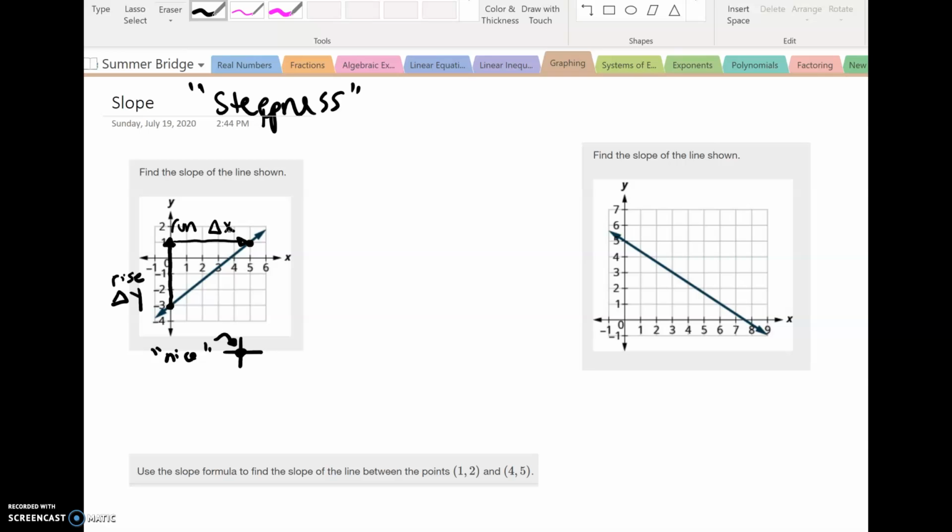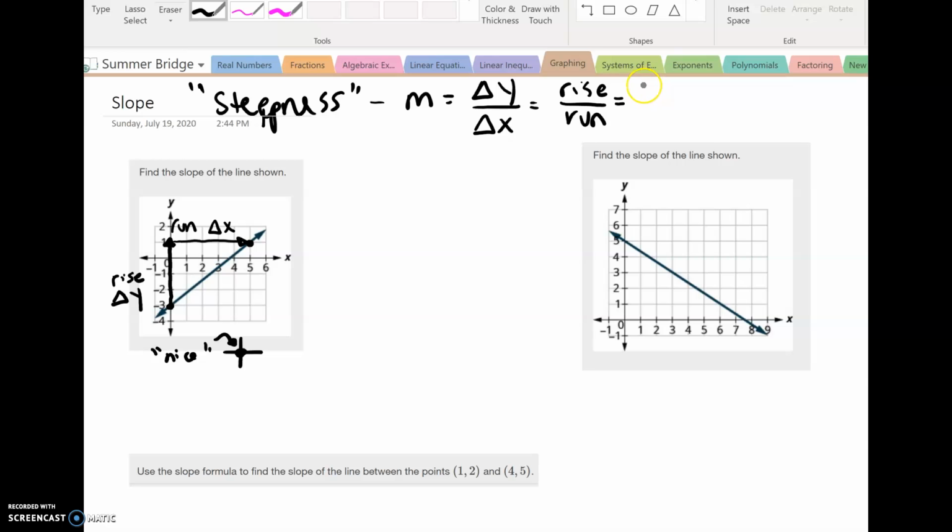So when we're looking at the slope, we represent it as M. And our slope is usually going to be the change in our Y, or the rise, over the change in X, or what we call our run. So rise over run. Another way that people typically use is when we have two sets of points.